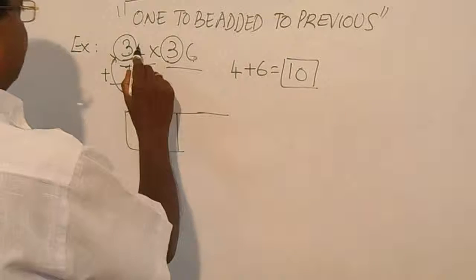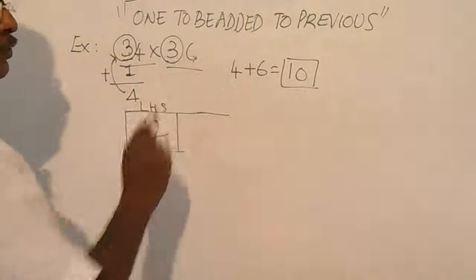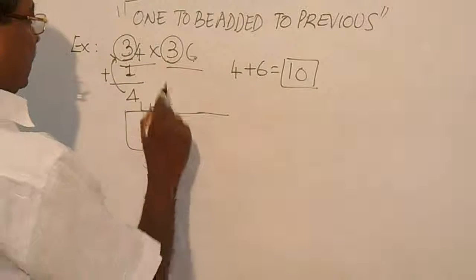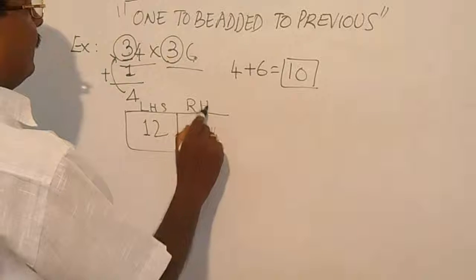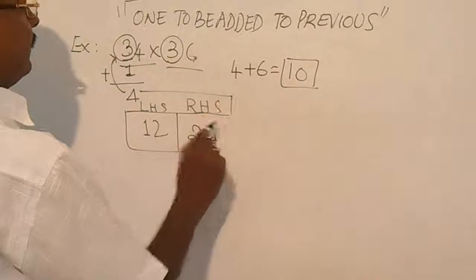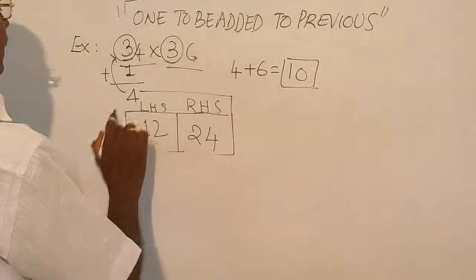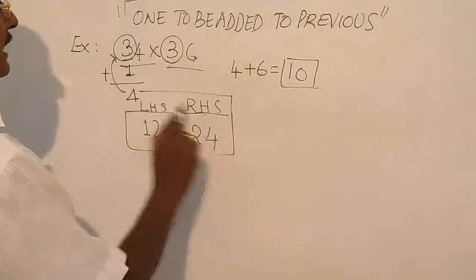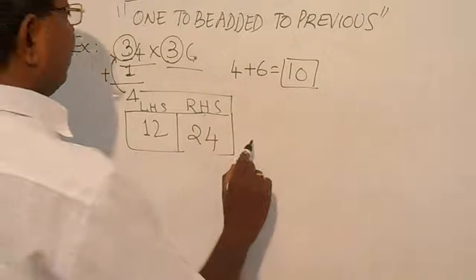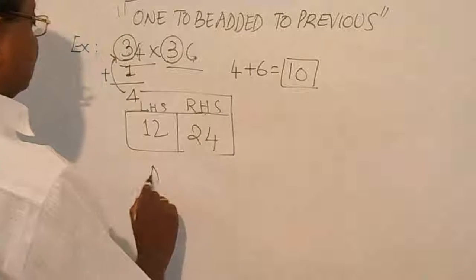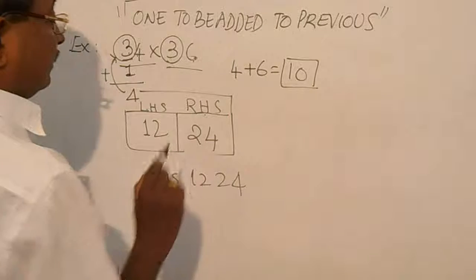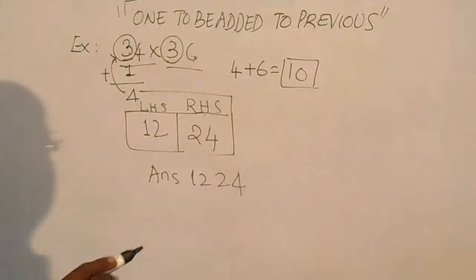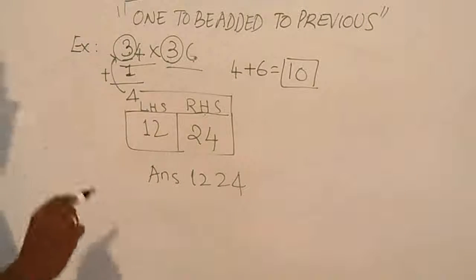Next, 4 and 6 are to be multiplied to form RHS, 4 6s are 24. We join this LHS and RHS, forming the answer. The answer here is 1224 for 34 and 36.